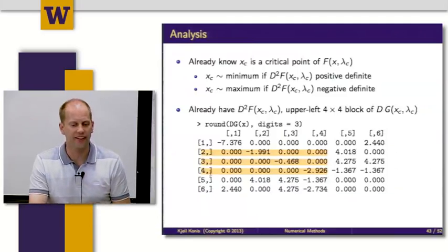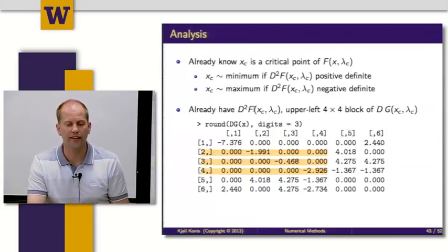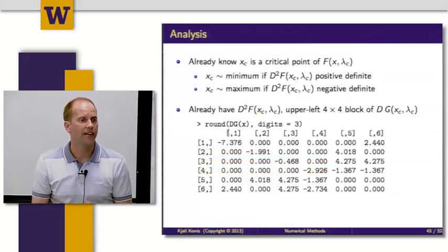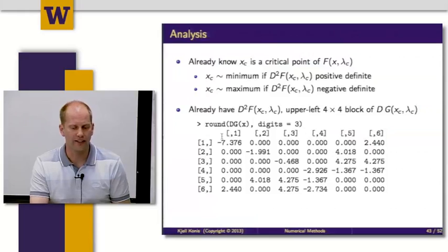So it's the top left 4x4 block. This is going to be the gradient of this function f evaluated at the point x sub c. And remember, when I wanted to do an eigenvector-eigenvalue decomposition, I was trying to diagonalize a matrix. So this one is kind of cheating because it's already in a diagonal format. So if you have a diagonal matrix like this, the diagonal entries are the eigenvalues.